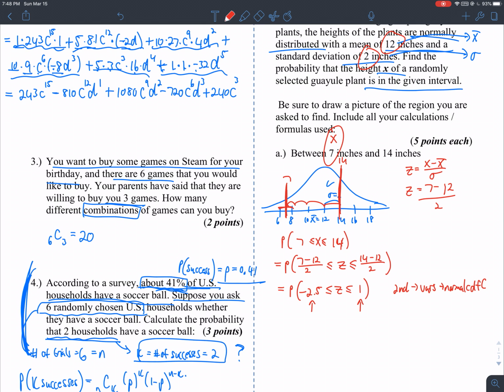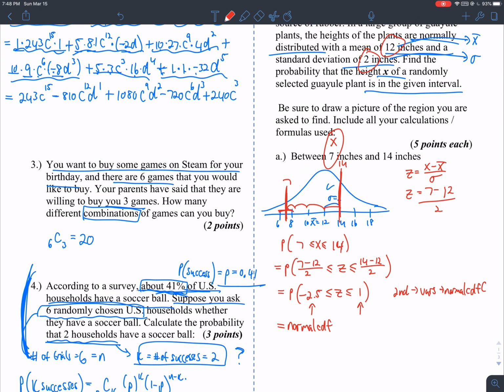You don't have to write this on your test, but I'm going to put this down for you, because some students have older calculators and they don't see the wizard, so you have to enter this. Negative 2.5 is my lower bound, 1 is my upper bound, my mean is 0, my standard deviation is 1. Let me illustrate for you again how this works.